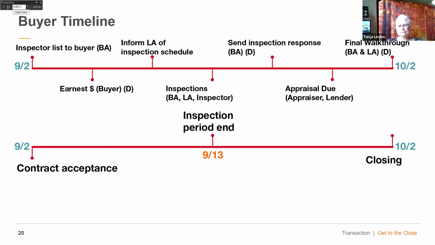So here's your timeline. You can take a picture of that. I don't know if it's in your handout, but these are basically your timelines over and over and over again. And then you can take this right here and personalize it for your buyer.